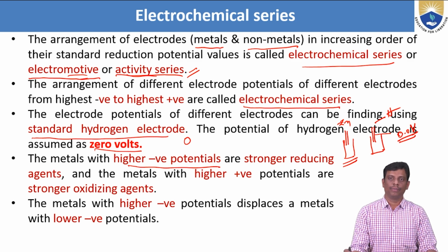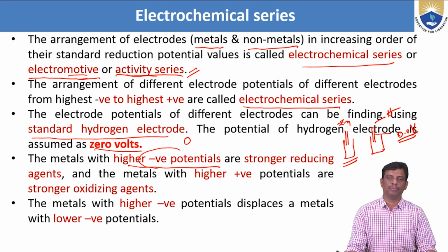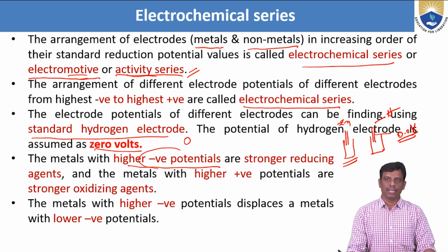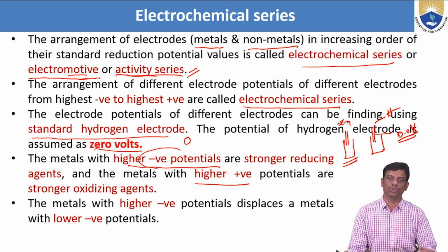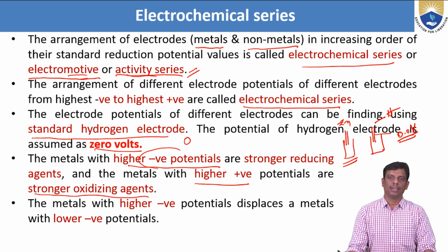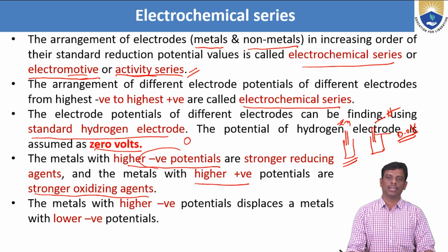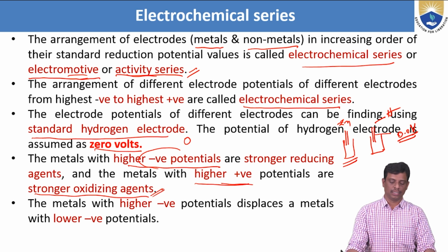When metals or non-metals have higher negative potentials, they act as stronger reducing agents, and those with higher positive reduction potentials act as stronger oxidizing agents.